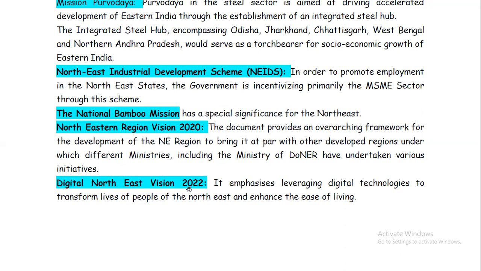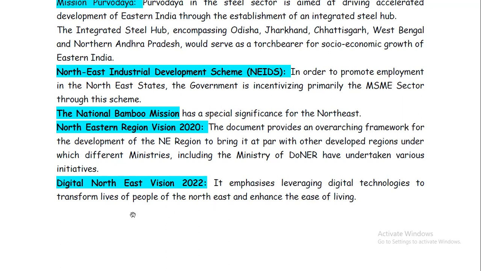Then Digital Northeast Vision 2022. It emphasizes leveraging digital technologies to transform the lives of the people of the Northeast and enhance the ease of living, because today we are in the digital era. Digital era means data era, because data works as a golden currency for this digital world.